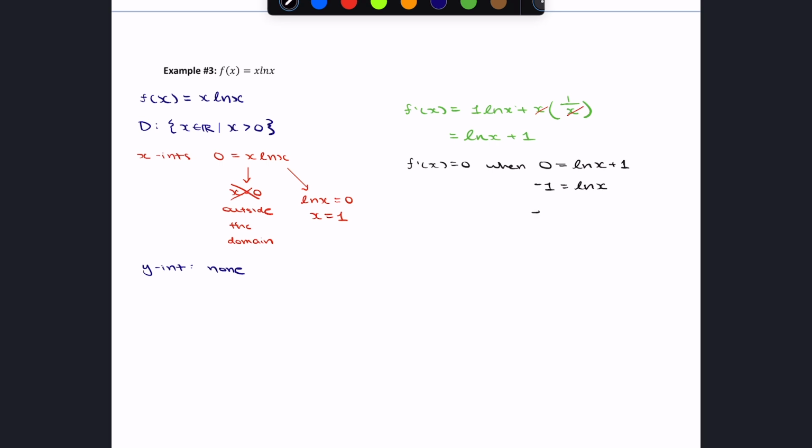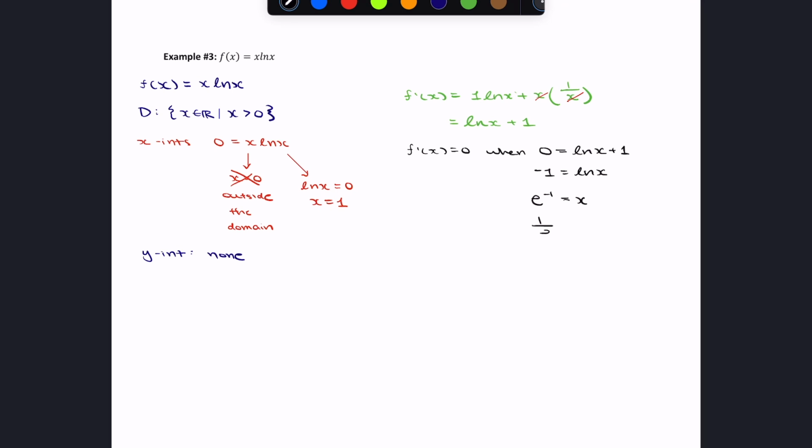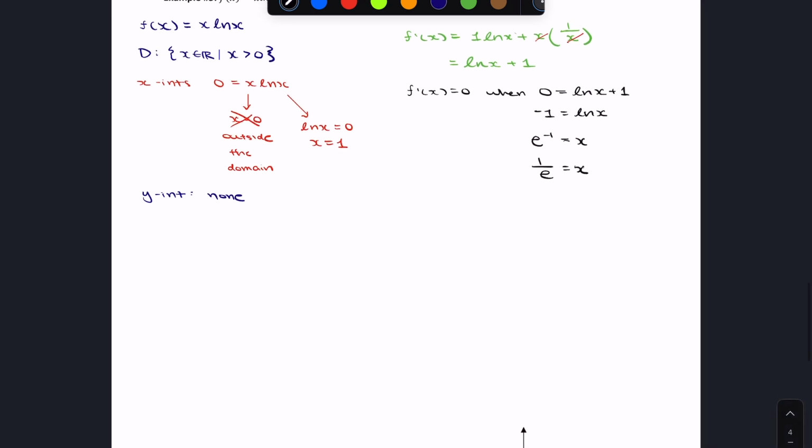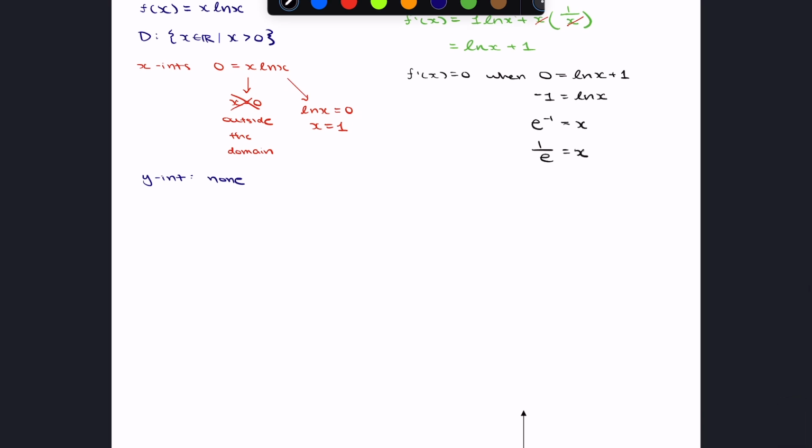Here we can write it as e to the power of negative 1 is equal to x. And so 1 over e is equal to x. If you put 1 over e into your calculator, it'll be approximately 0.37 is equal to x.